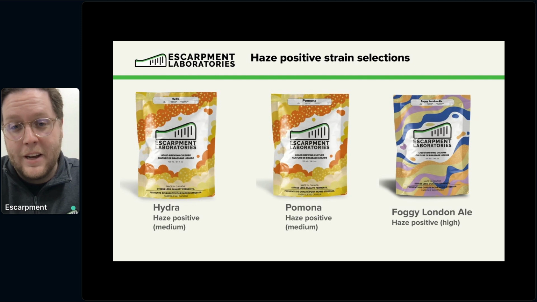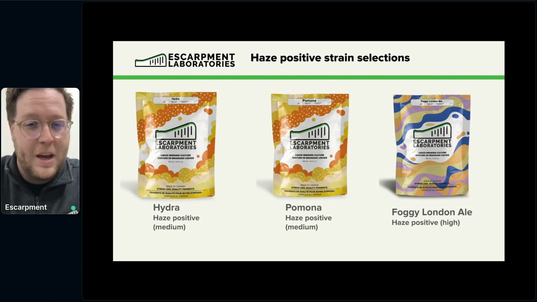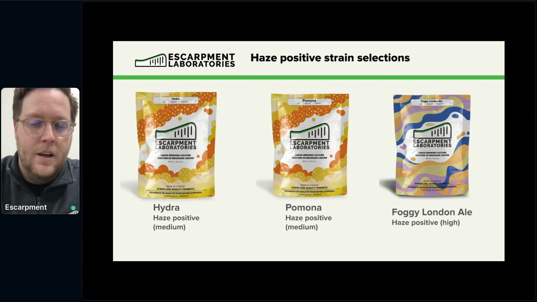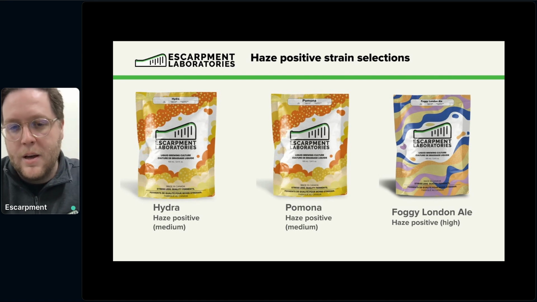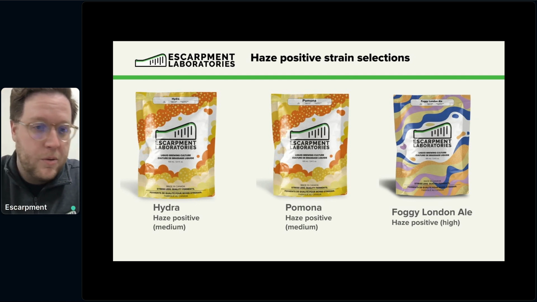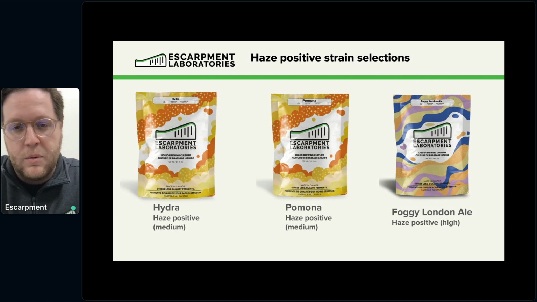And one of the ways that it likes to do that is to have expansions or contractions in some of these cell surface genes. So what probably happened with this one is that it might have had some expansion in that hazy 1 gene. We haven't had a chance to go and look, but that certainly is possible. That does happen even just with repitching. So that's another thing to keep in mind. Repitching yeast may change its haze behavior, both positive or negative. So that's something to watch out for.